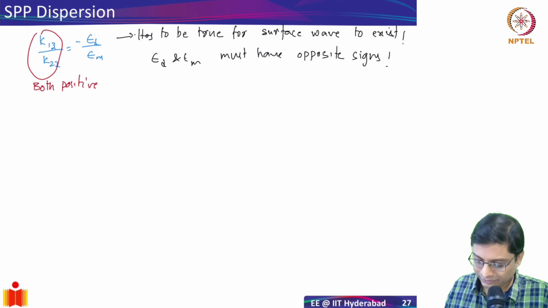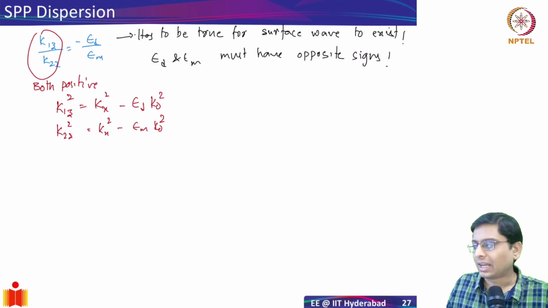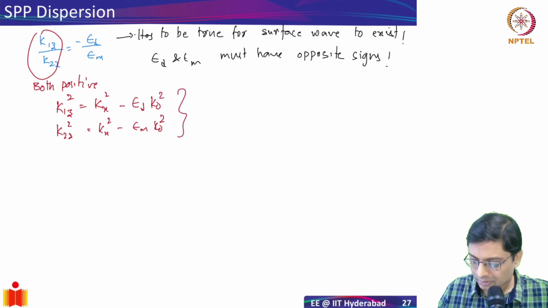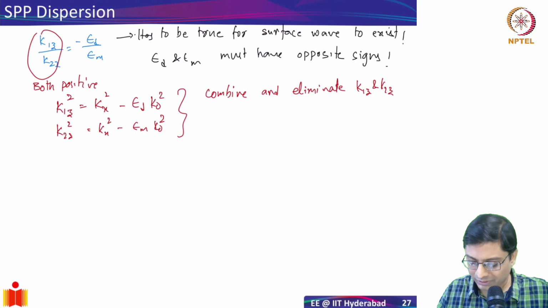So basically what I have is K1Z now. If I go a little bit further, I already understand my K1Z square should be equal to Kx square minus epsilon dielectric K0 square. Similarly, K2Z square is equal to Kx square minus epsilon metal K0 square. I can combine both of these and eliminate K1Z and K2Z, because we know the K1Z, K2Z relation.